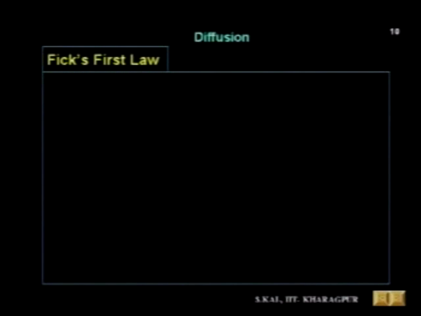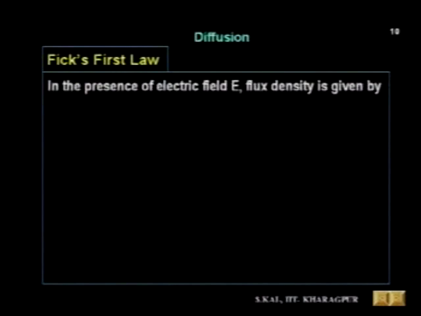Now, let us discuss Fick's first law. Fick's first law states that in the presence of an electric field, the flux density is given by J equal to minus D del n del x plus mu E n. Here there are two terms. One is proportional to del n del x.